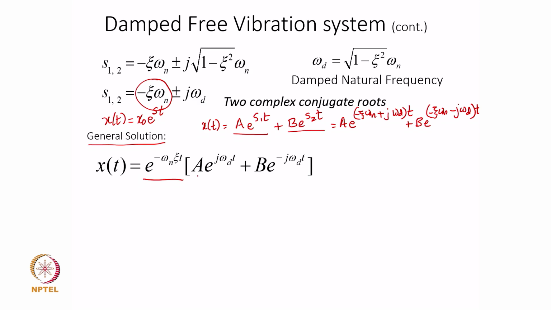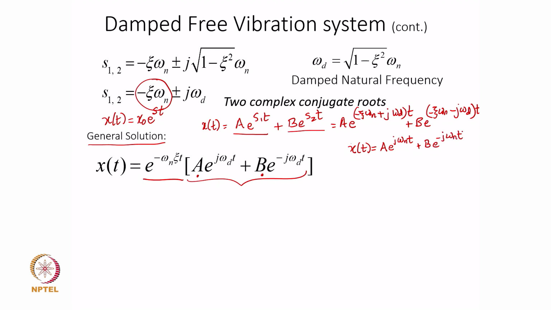Whatever values you eventually get for a and b, this entire bracketed quantity turns out to be a harmonic quantity, depending upon the values of a and b. Now, you remember we wrote x of t similarly for an undamped vibratory system as a e to the power j omega n t plus b e to the power minus j omega n t.